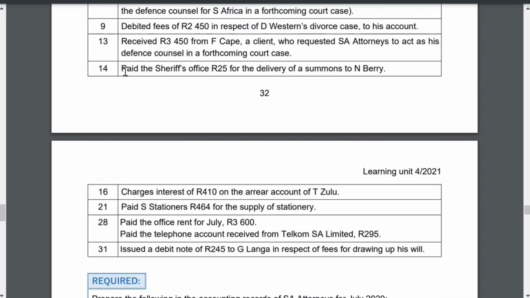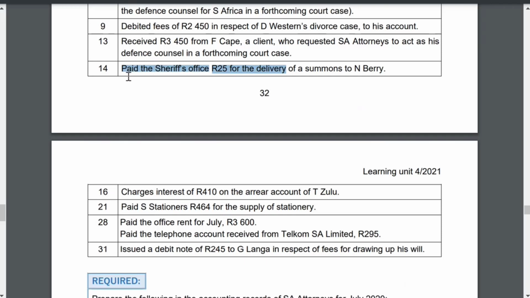So guys, transaction number 14, paid the sheriff's office 25 Rand for the delivery of assignments to N. Berry. So basically, this is regarding a payment that is paid on behalf of a client.